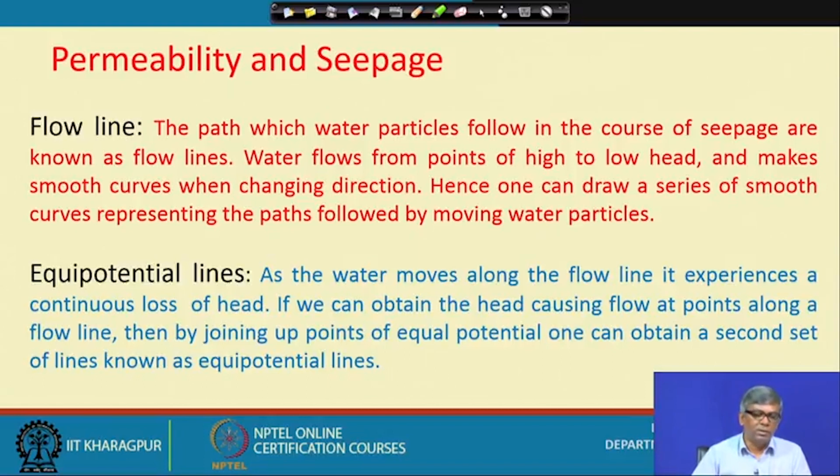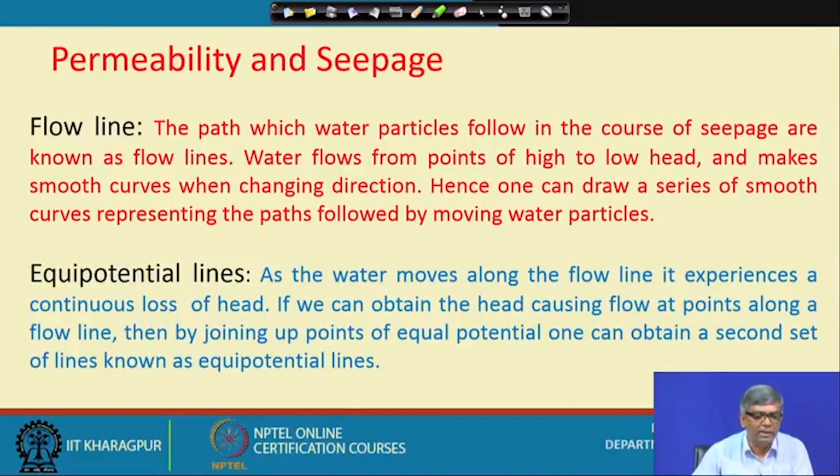So, for that we generally use a flow net, and a flow net is a combination of lines. One set of lines is the flow lines, and another set of lines is called equipotential lines. Now, what is a flow line?